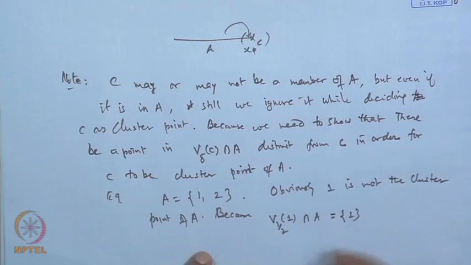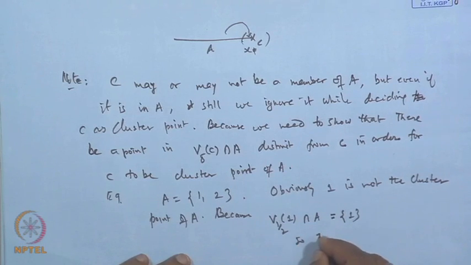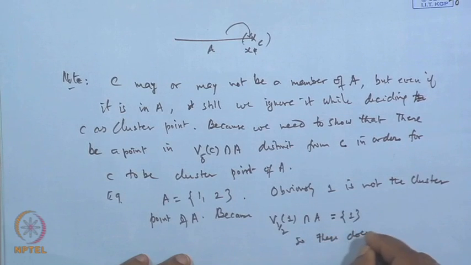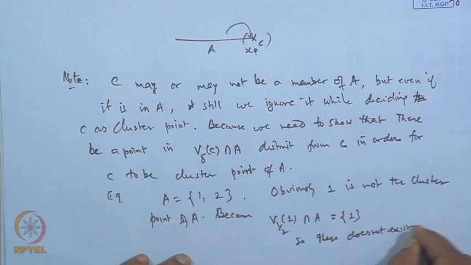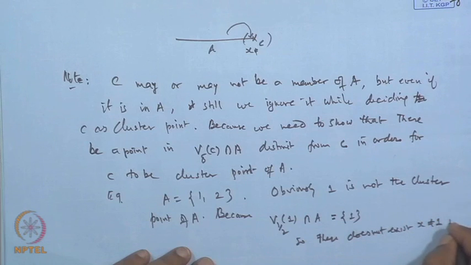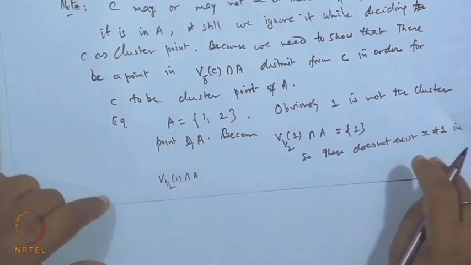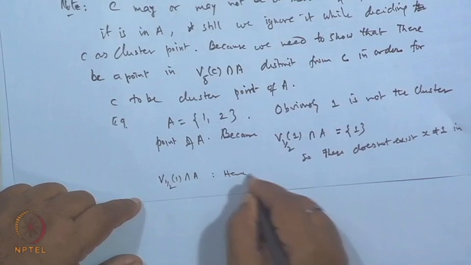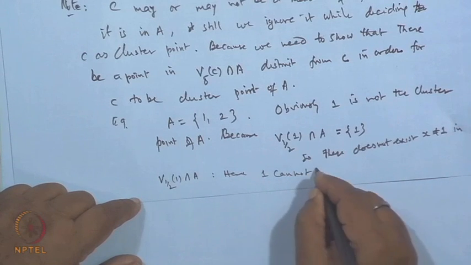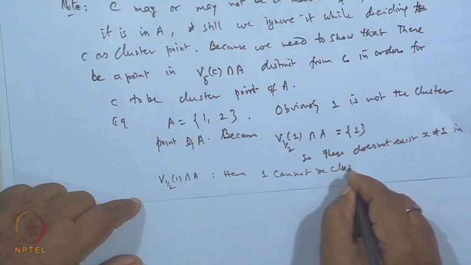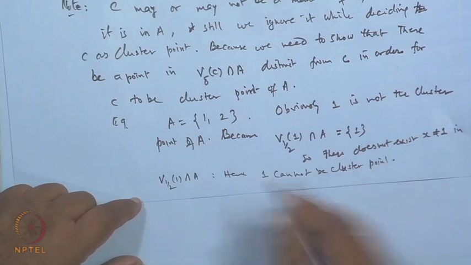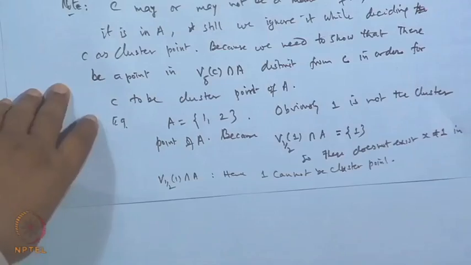There does not exist any x different from 1 in the set V(1/2)(1) intersection A. Hence, 1 cannot be a cluster point. Similarly, 2 cannot be a cluster point of this set.